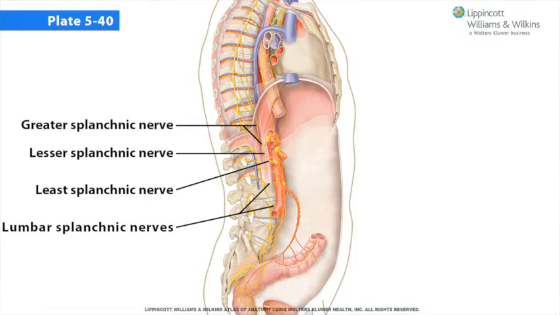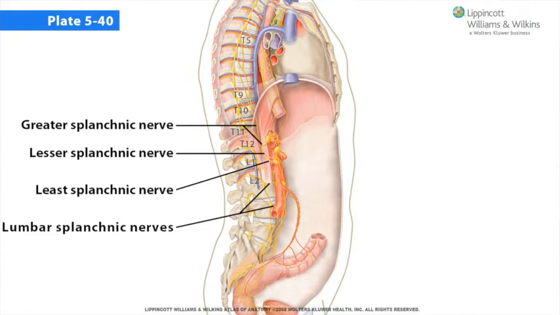The nerve fibers carried by these splanchnic nerves all originate in the lateral horn of the gray matter of the spinal cord. The greater splanchnic nerve carries fibers originating from spinal cord levels T5 through T9. The lesser splanchnic carries fibers from T10 and T11. The least splanchnic nerve carries fibers from T12, and the lumbar splanchnic nerves carry preganglionic sympathetic nerve fibers that originate at the L1 and L2 spinal cord levels.